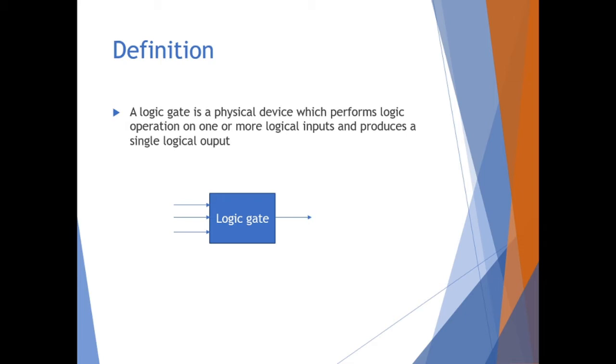I can define logic gate as a physical device which performs logic operation on one or more logical inputs and produces a single logical output. Please note, the logic gate can have more than one input, but only one output. Is it clear?